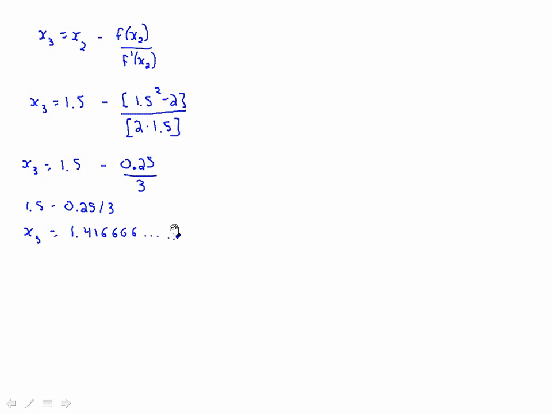Now, this is where things get a little bit messier. To get x4, you would have to go to the previous answer, which is 1.416666, etc., minus 1.41666 squared minus 2 divided by, open bracket, 2 times 1.41666, etc. Now, it will work.